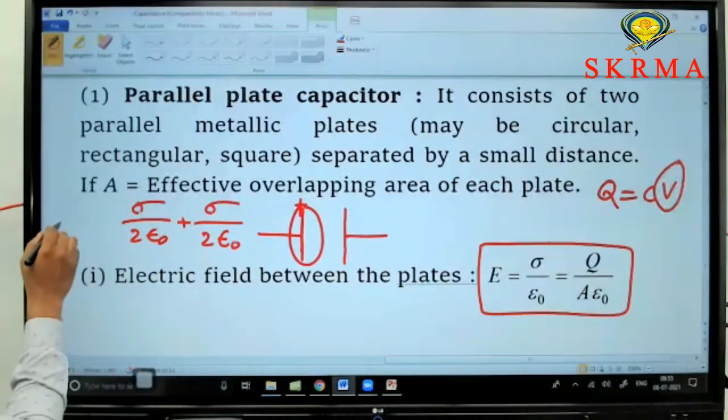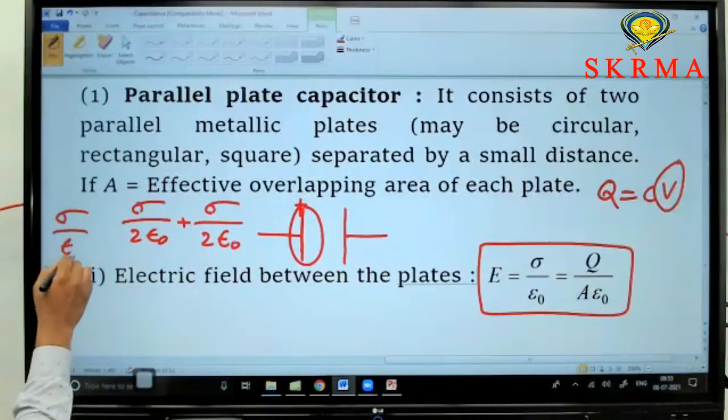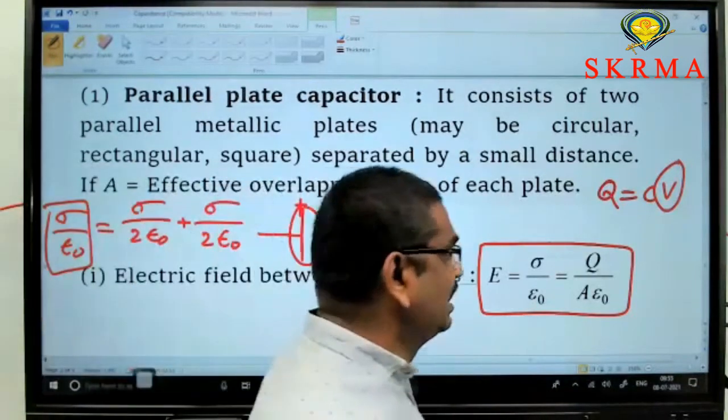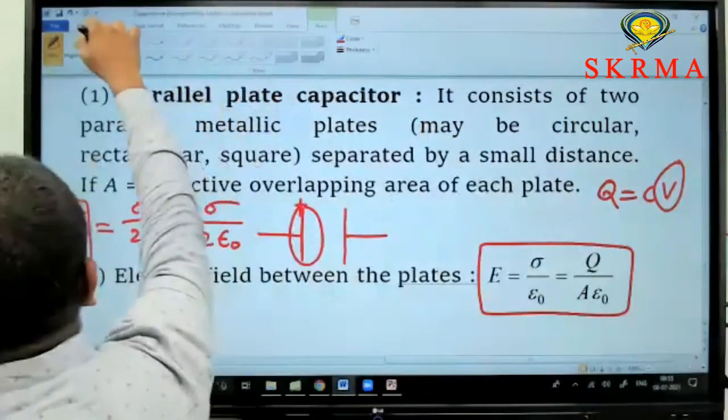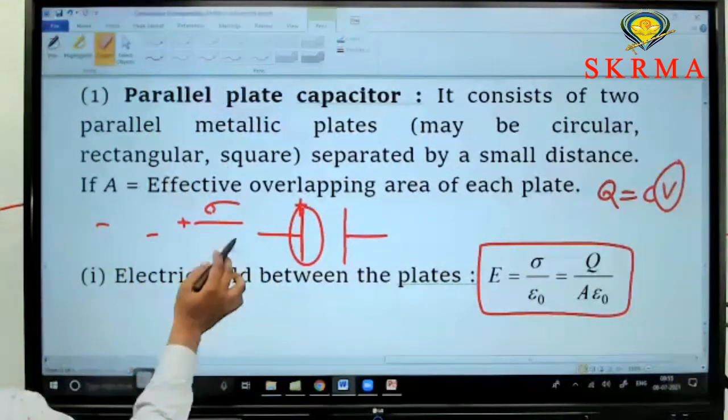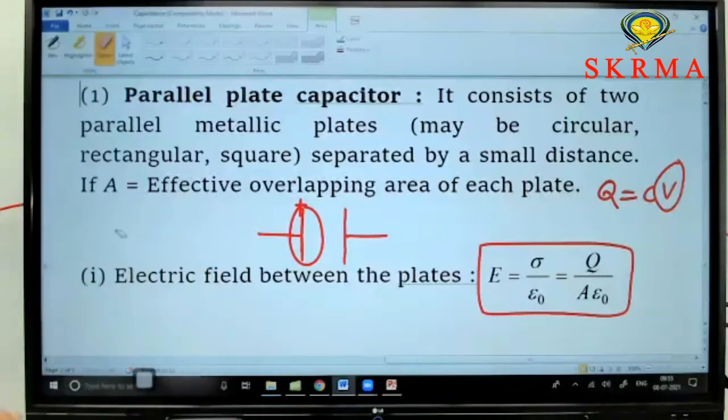Add these two and you get sigma by epsilon naught as the electric field between the capacitor plates.